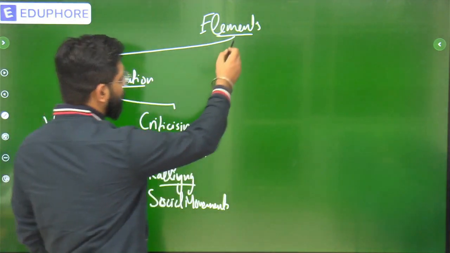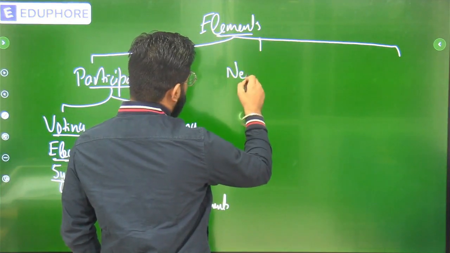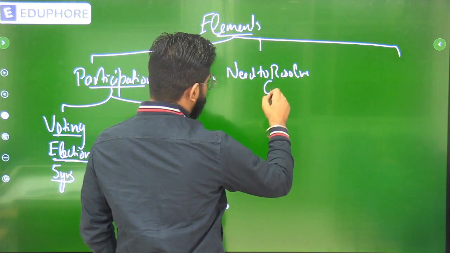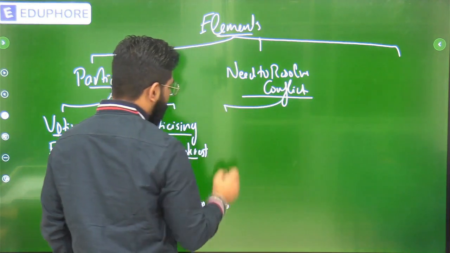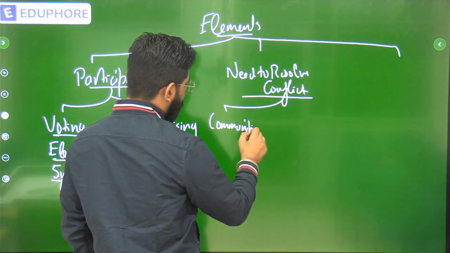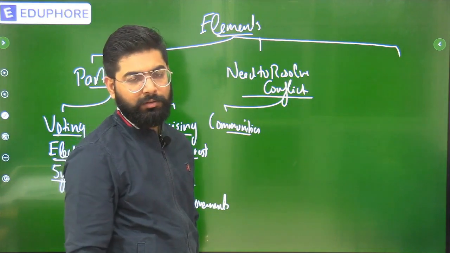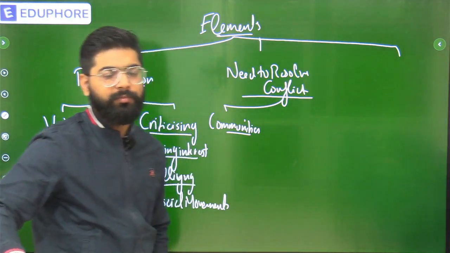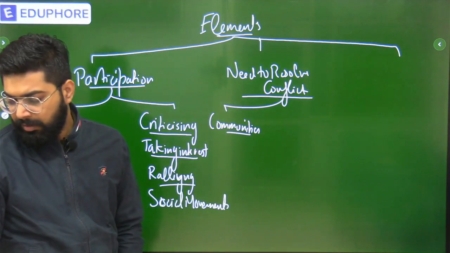The second is the need to resolve conflict. Now, the conflict can be among communities also. So the government through laws should ensure the resolution of conflicts between different religions also.